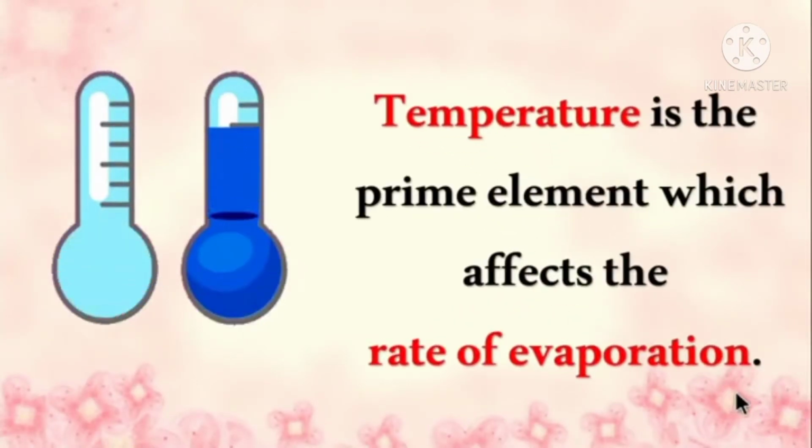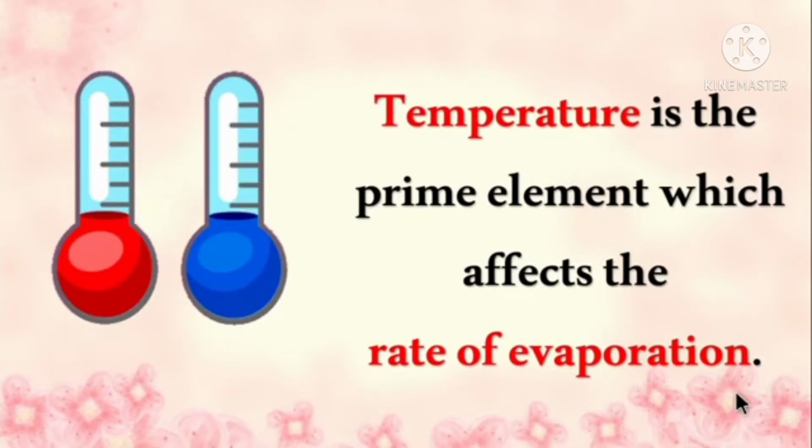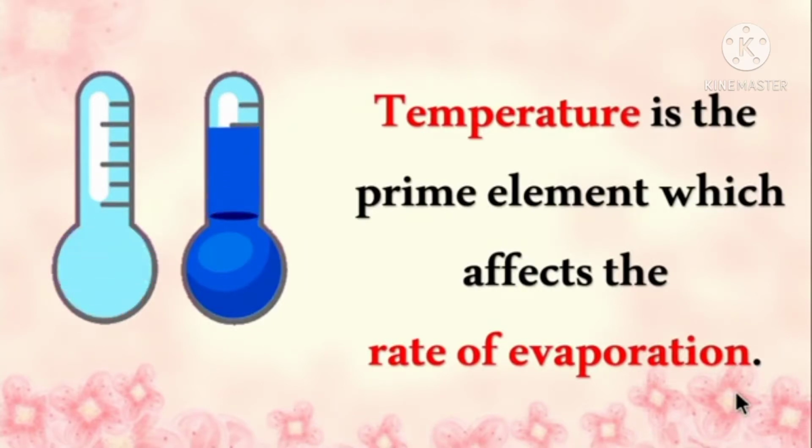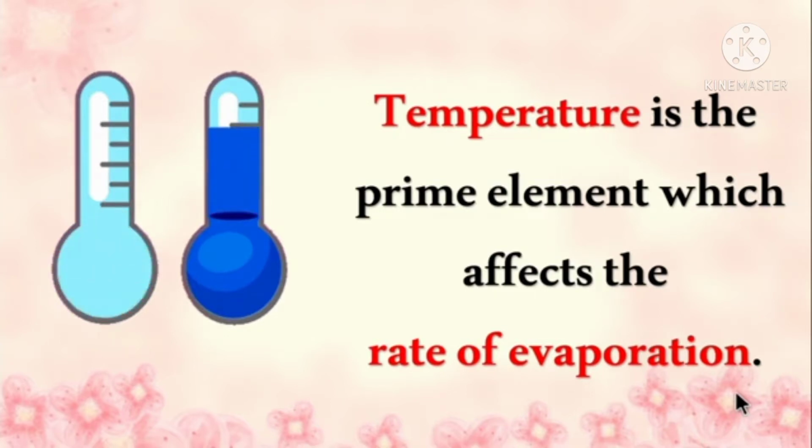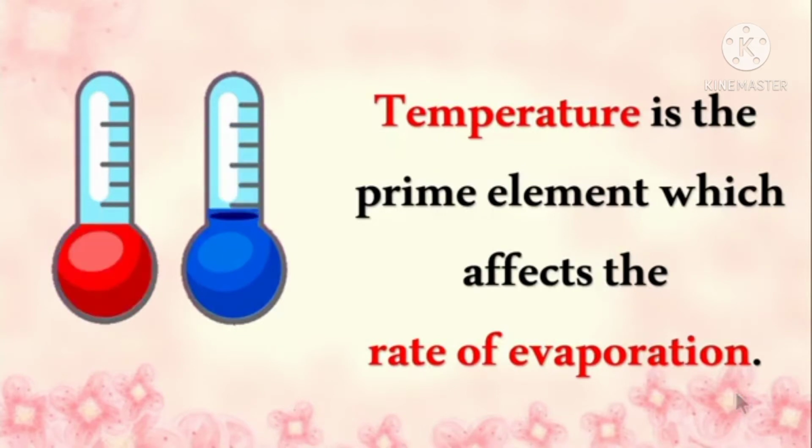Temperature is the prime element which determines the rate of evaporation. During the summer days, the evaporation will be more when compared to the winter because of the heat from the sun.